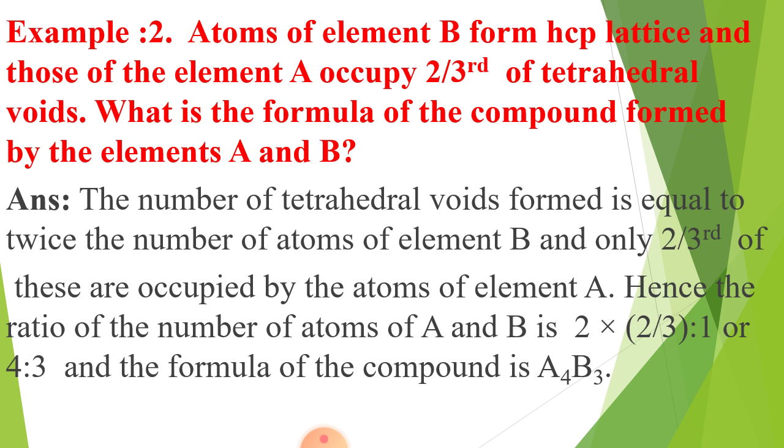But here only 2/3 of these are occupied by atoms of element A. Hence, the ratio of the number of atoms of A and B is 2 tetrahedral voids times 2/3 is to 1, or 4/3, that is 4 is to 3. And the formula of the compound is, now 4 belongs to A and 3 belongs to B, A4B3.